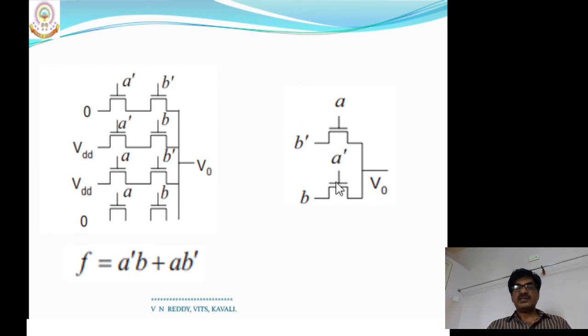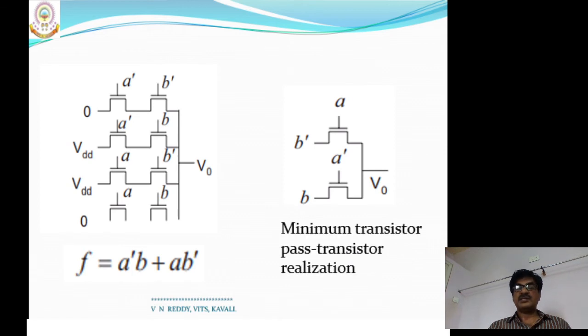Similarly, for the transistor with gate control A dash, the input is B, as per the product term. The other end is automatically the output. This is called the minimized pass transistor realization.